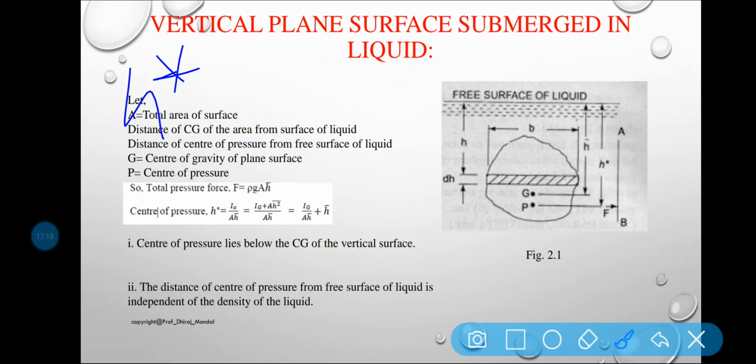Taking moment with respect to H star, H star into F is the total moment.